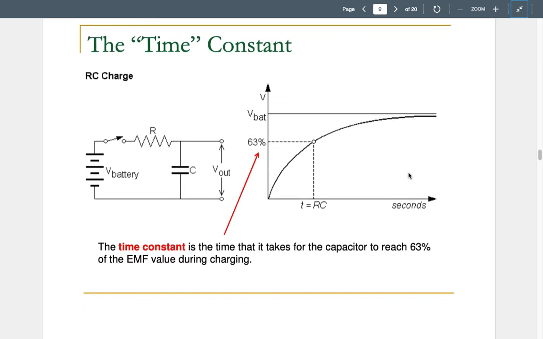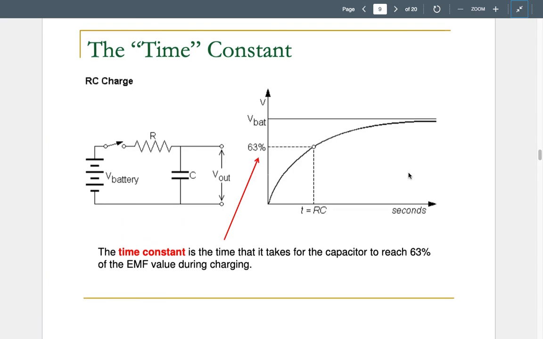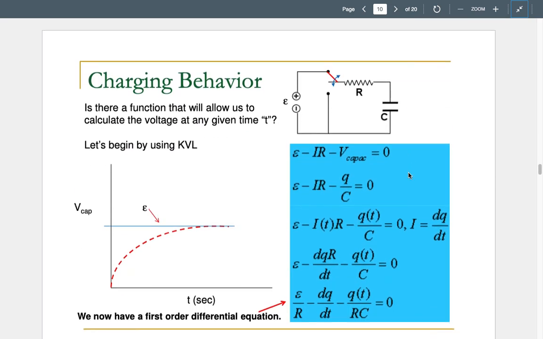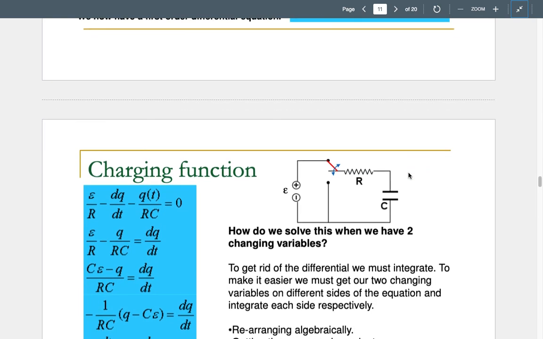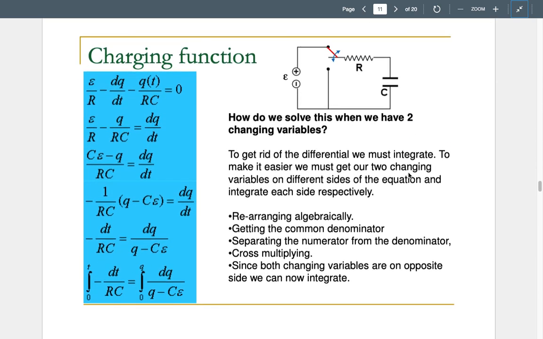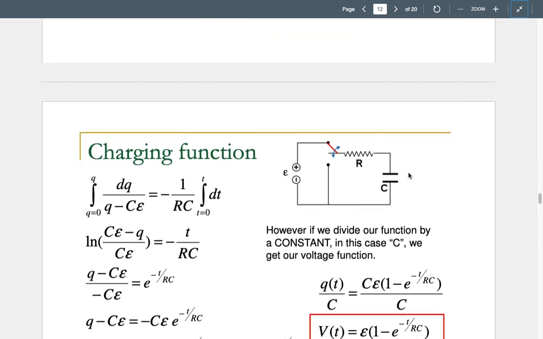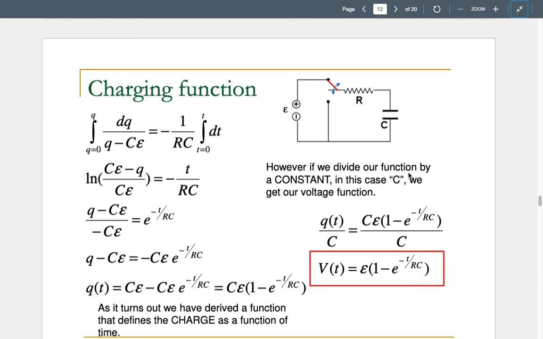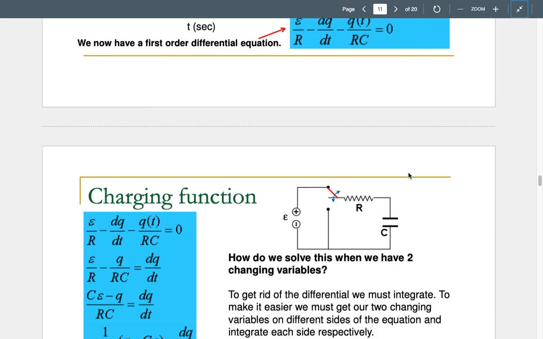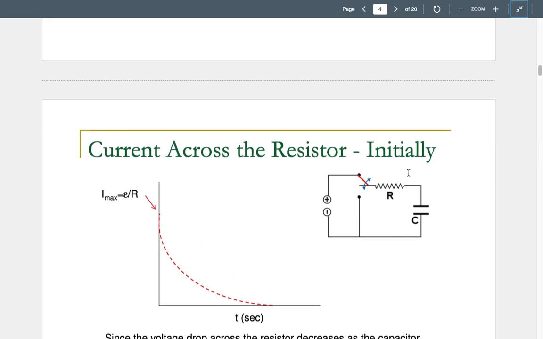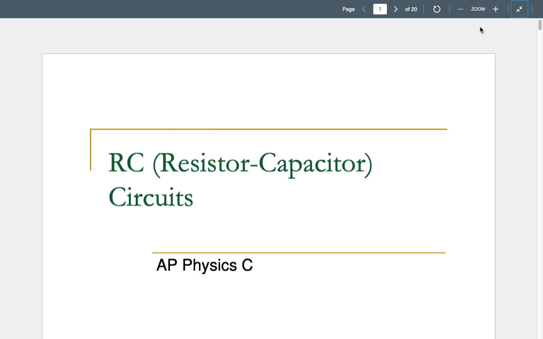But I'd rather focus on whether you understand how an RC circuit works, because there's a differential equation for the charging. I will go into this later, but it's not critical. It talks about where all those exponential formulas come from. So if you want to look at this, go ahead and you can ask me questions on it. I'm not going to focus on it.